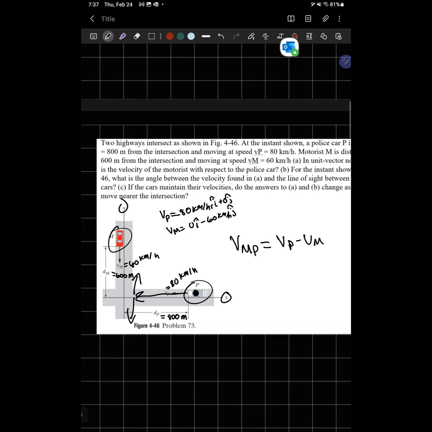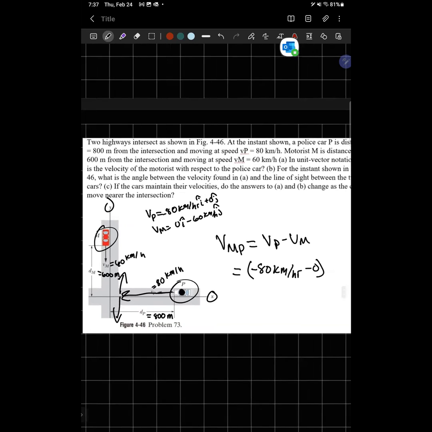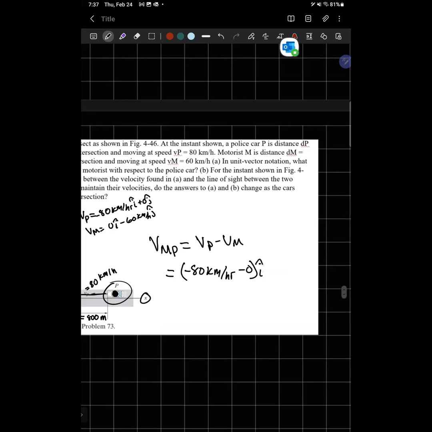I'm gonna go with that and see what happens. So that's gonna be -80 kilometers per hour minus 0 I hat plus 0 minus -60 kilometers per hour J hat.